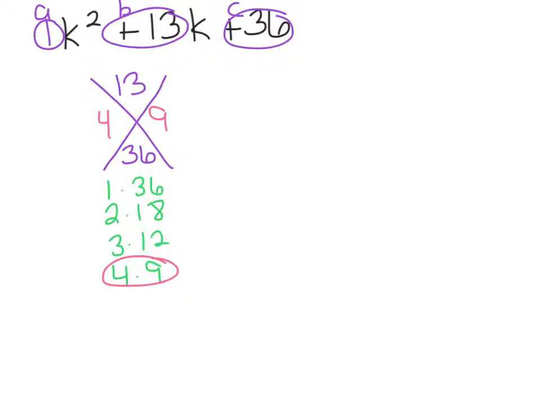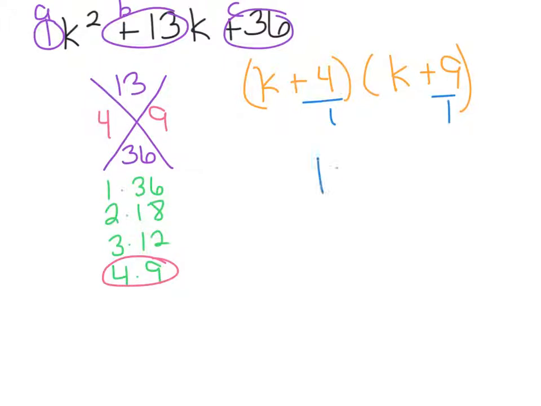So now we can use that to list our two factors, k plus 4, k plus 9. Then we divide each by 1. So k plus 4 times k plus 9.